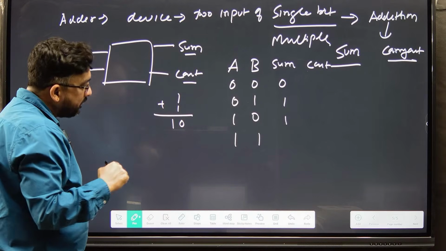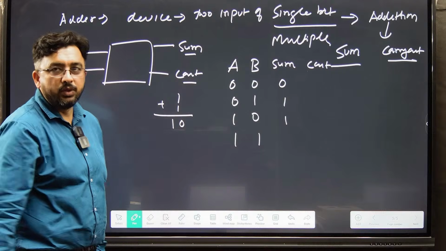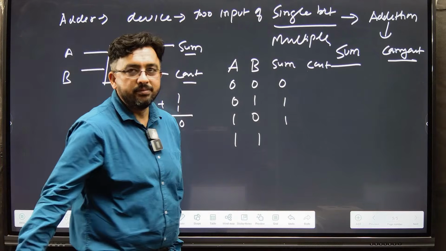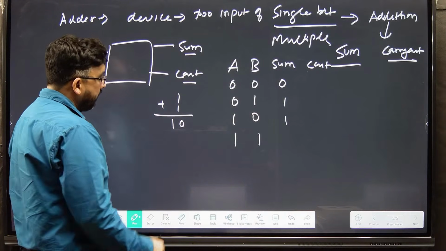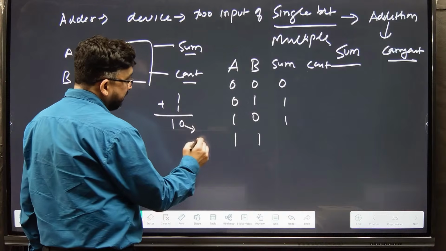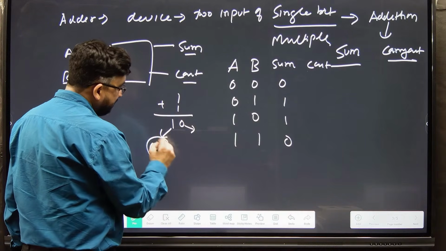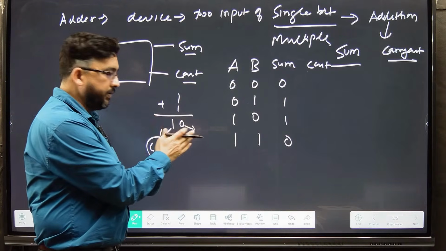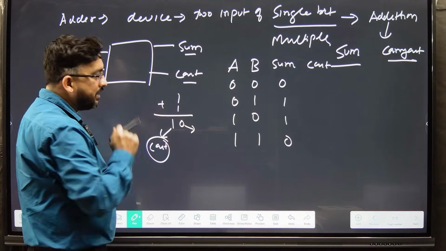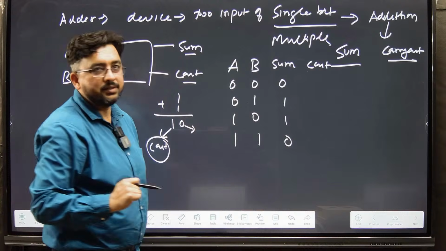Sometimes I ask candidates: make the truth table, write the sum, write the carry out. Then my question is, why do we consider this as a sum and why do we consider this as a carry out? The first interview question starts from here. Why am I taking this as a carry out? Why am I not taking the 1 as a sum?